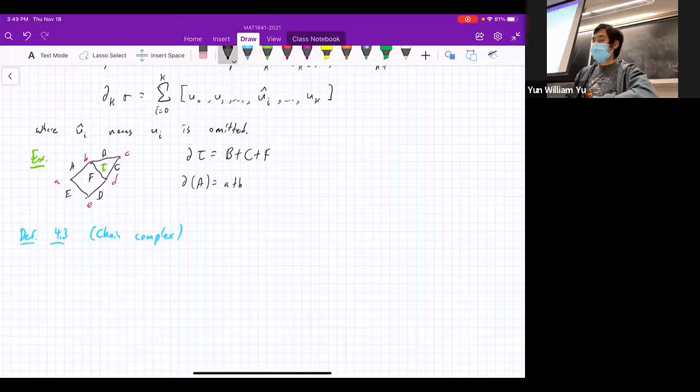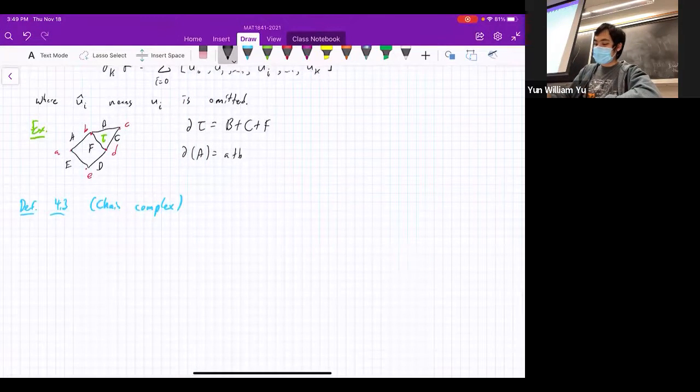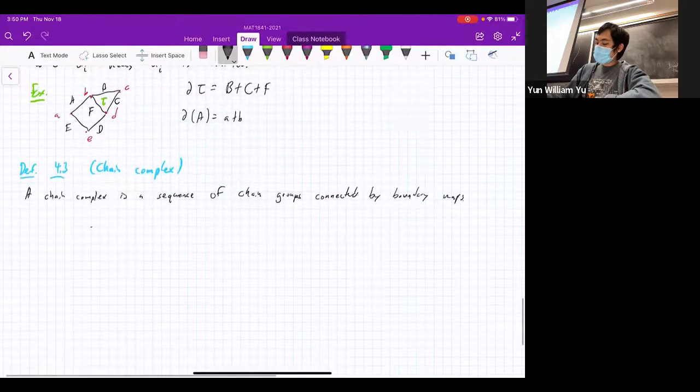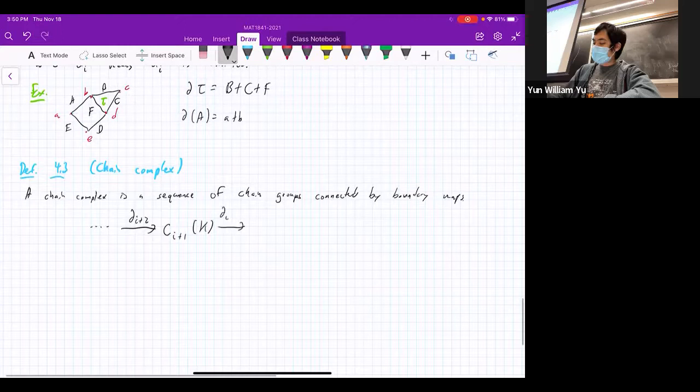Okay, and well, you can define a chain complex, and this is just going to be a sequence of chain groups connected by boundary maps. So we have C i plus 2, which is going to go to C i plus 1 of K, and that's going to go via d i plus 1 to Ci of K, and so on.